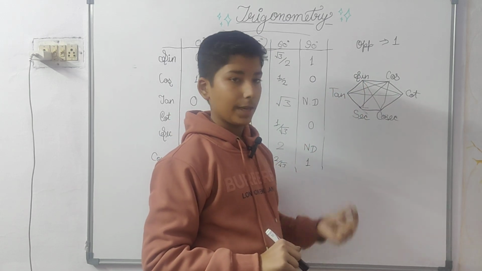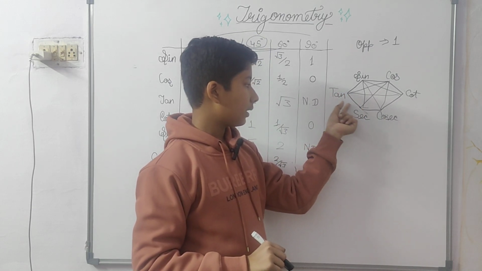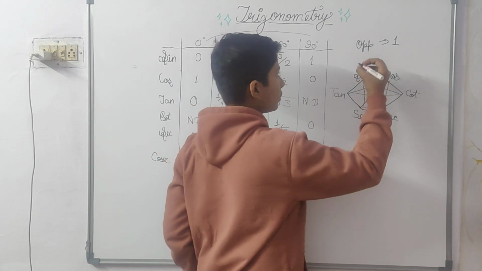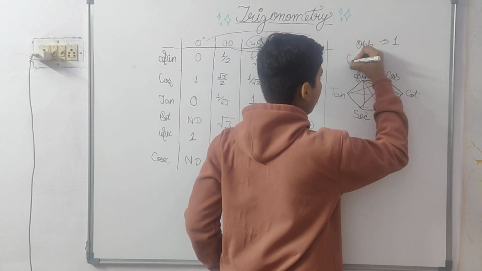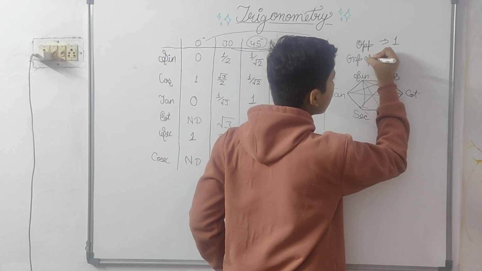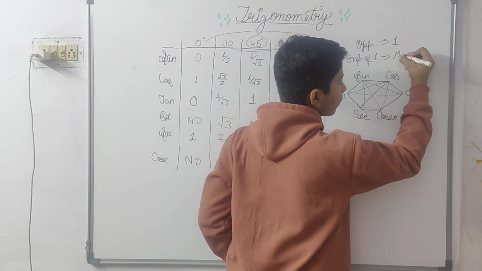Sine into sec is tan. And tan into cosec will be sec, meaning this into this comes the mid value. Okay, so a gap of 1, mid value.